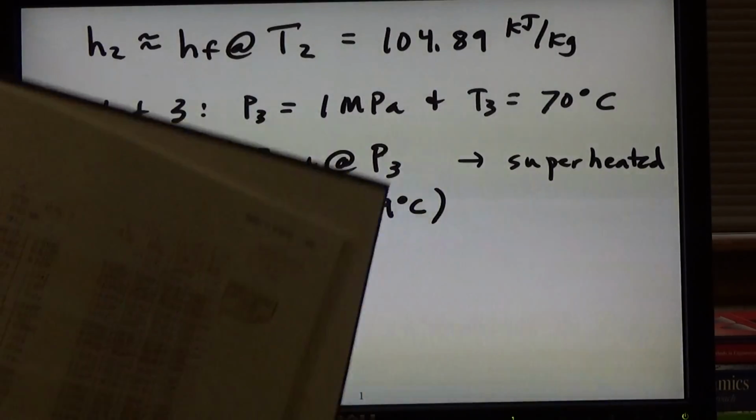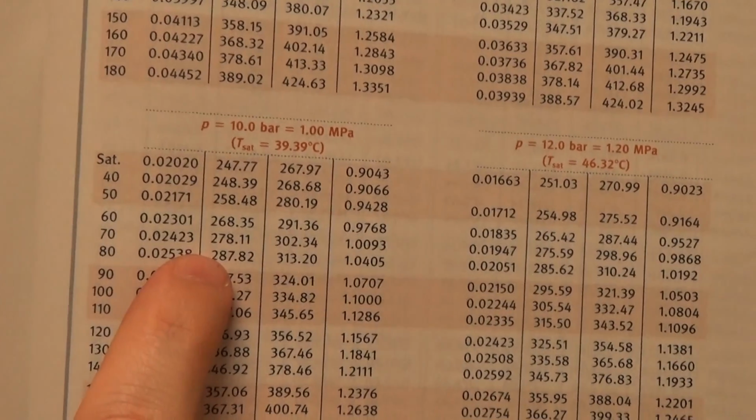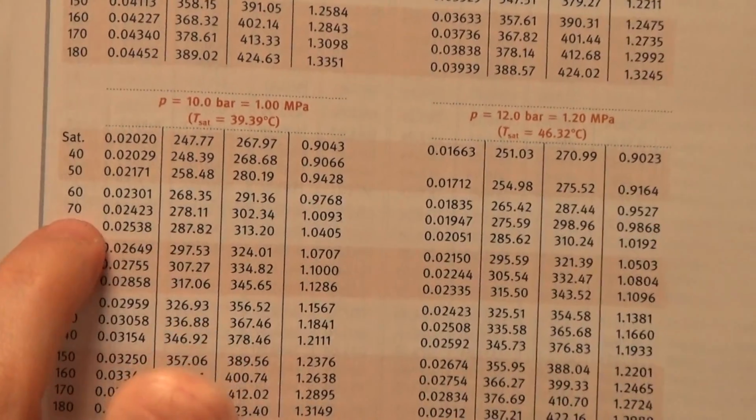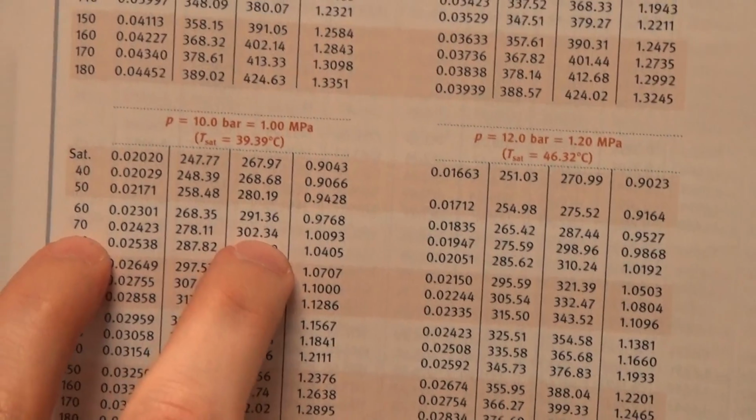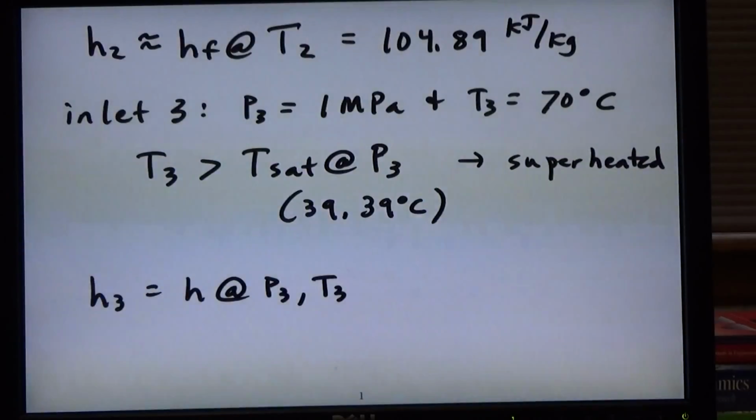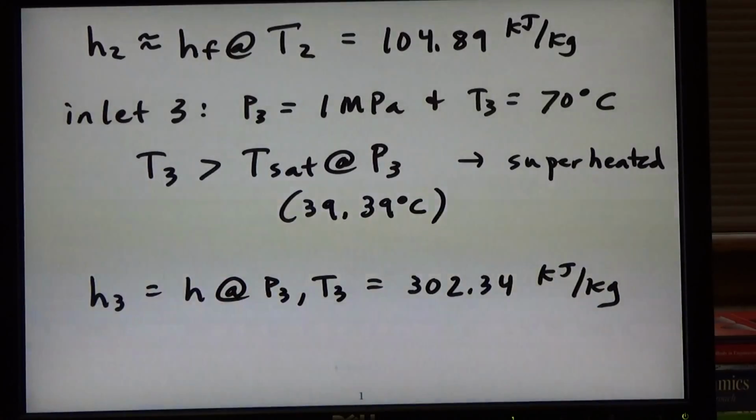So here's the subtable for 10 bar, 1 megapascal, and then our temperature is 70, so H is going to be 302.34. That takes care of state 3.